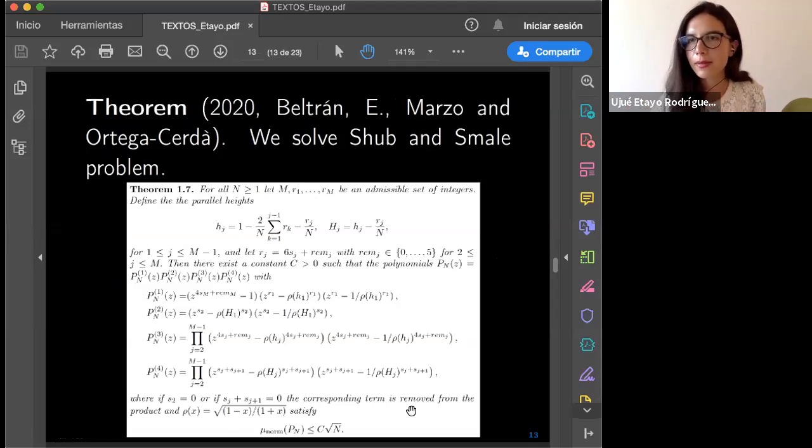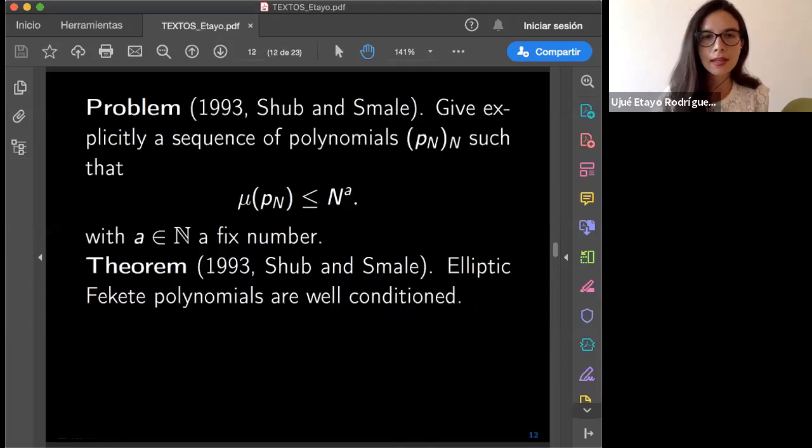You don't have to read this thing here. It was just to make you believe that this is highly explicit, right? We were able to compute such polynomials, and the condition number of those polynomials is really small. Actually, here it is bounded by n^a, and a equals a half.